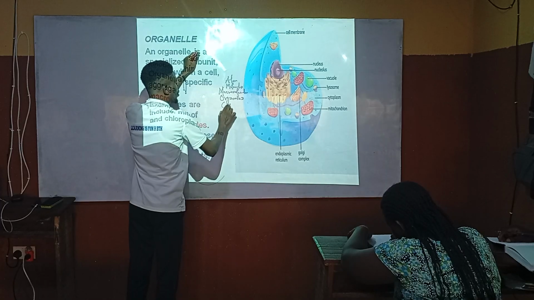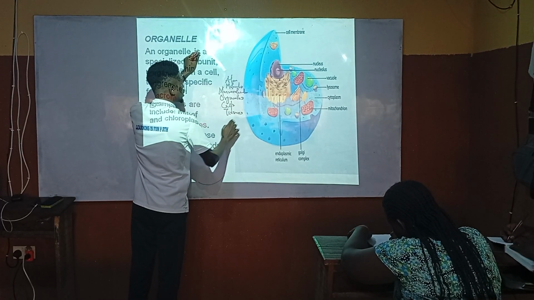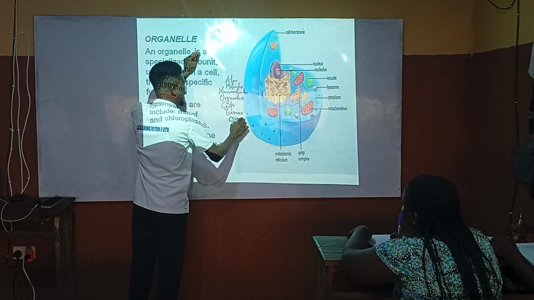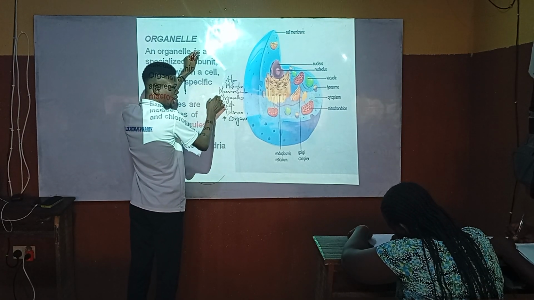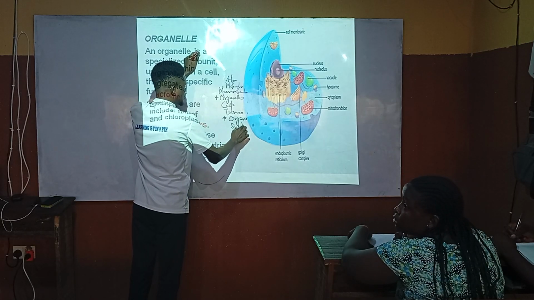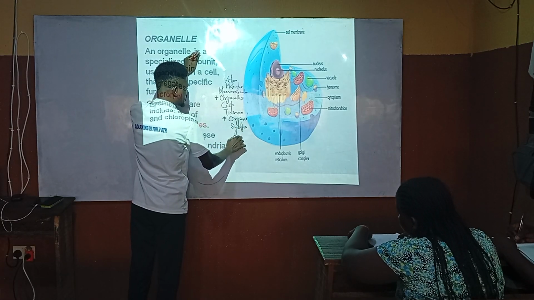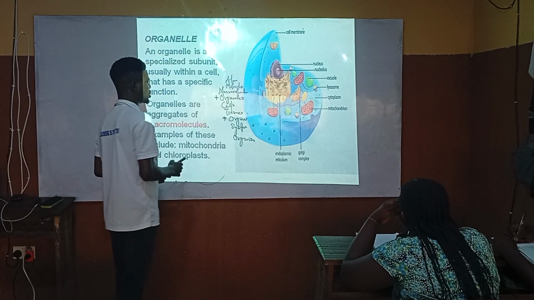The organelles will now form what? Cell. The cells will form what? Tissues. The tissues will now form what? Organs. Now you can see there's a difference between what? Organs and what? Organelles. Alright. The organs will now form what? System. Then the system will form what? Organism. So we'll call this the what? Hierarchy of what? Organization of what?